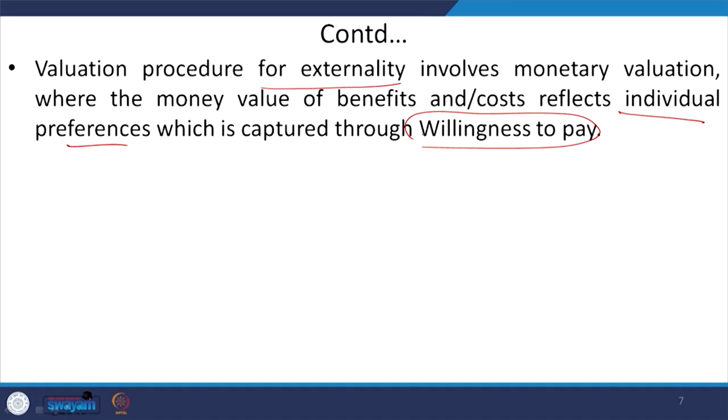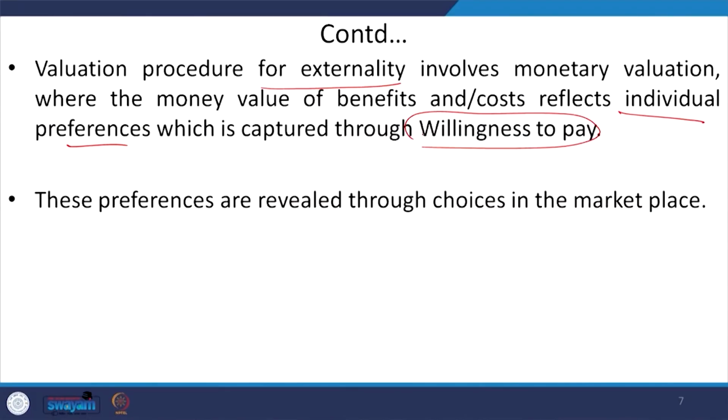So, what is willingness to pay? Willingness to pay means what the consumer or a human being is interested to pay in order to get a particular benefit, or what a particular individual is interested to pay to forgo some kind of cost. This is the concept of willingness to pay.